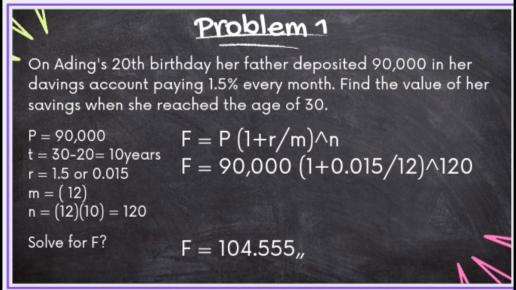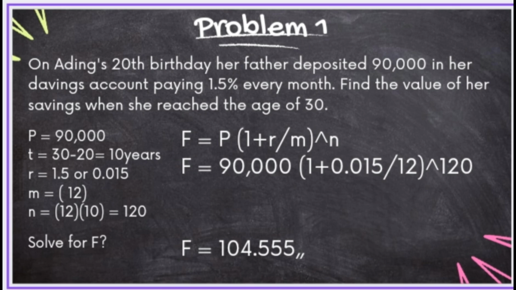So P is 90,000, which is the present value, and T is 10 years, which is the time term, and R is 1.5% or 0.015, which is the interest rate, and M is 12, which is the number of payments per year. And N is equal to 120, which is T times M.